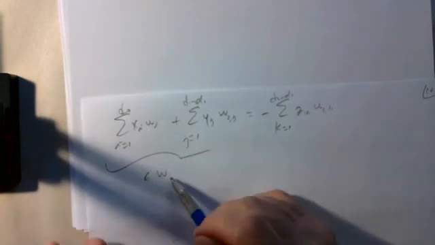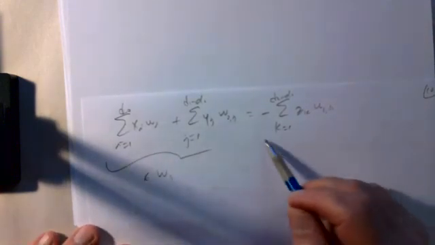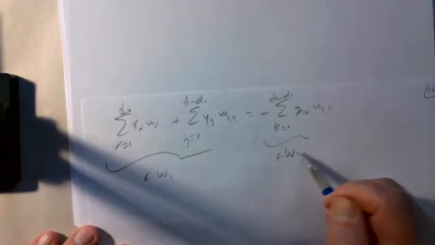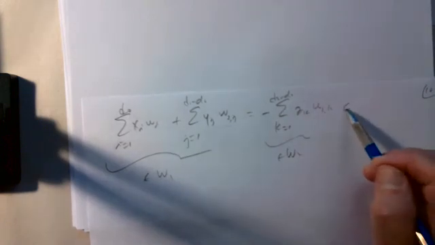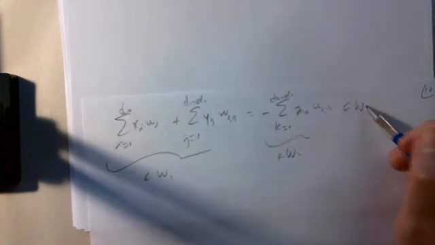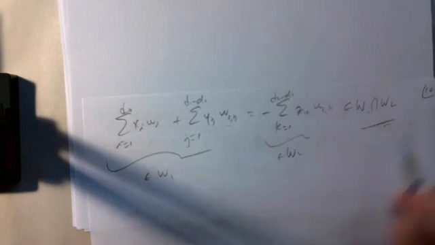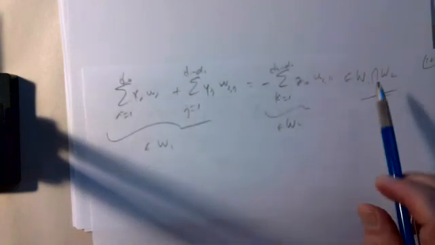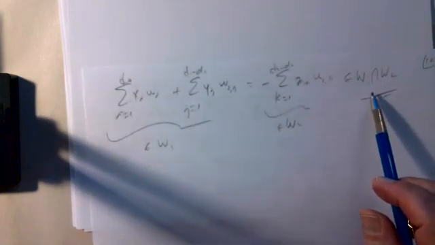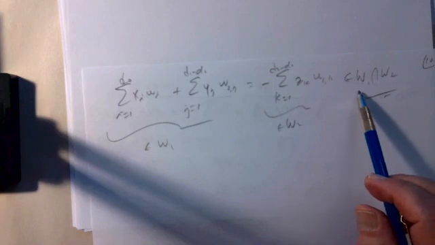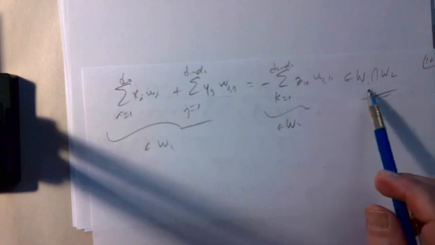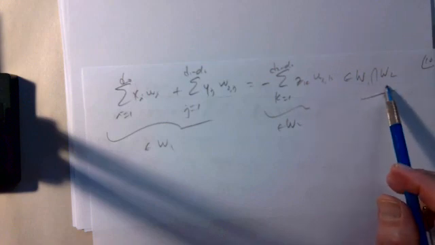But this is a vector in W1, and this is a vector in W2. So this is a vector in W1 intersect W2. But a basis for W1 intersect W2 are just the w_i's.